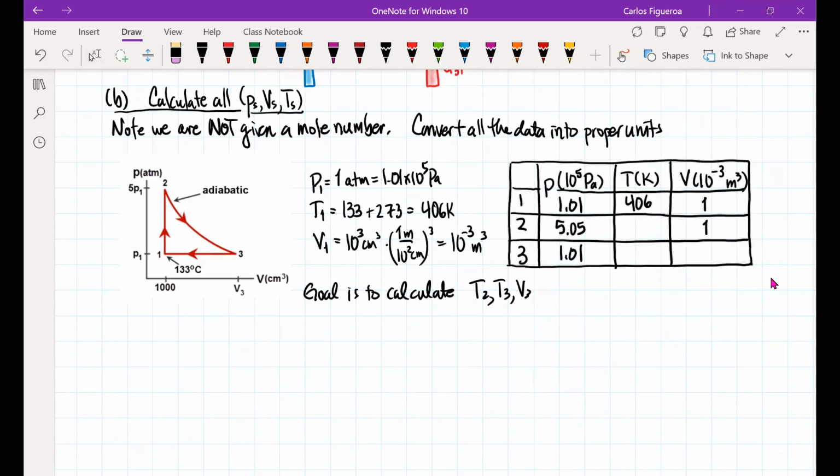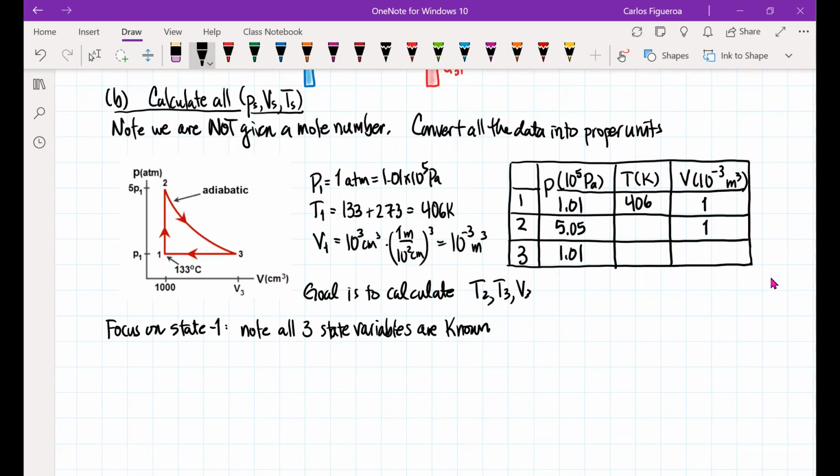So I want to focus on state 1. Note that all 3 state variables are known here, right?